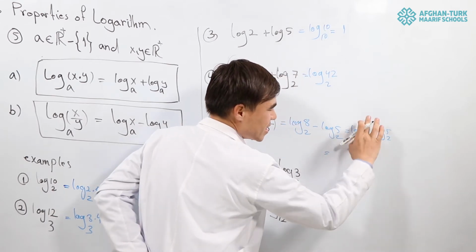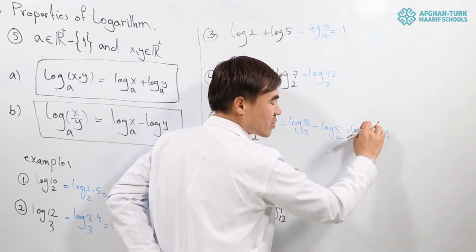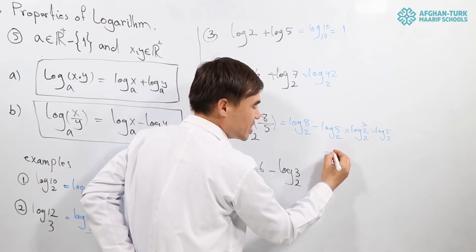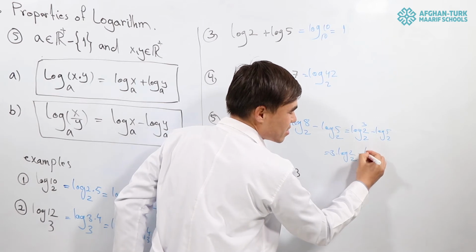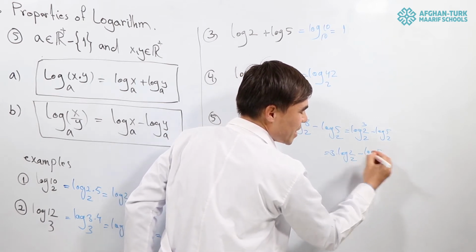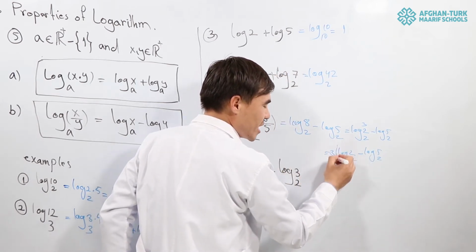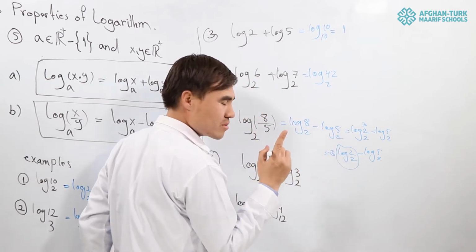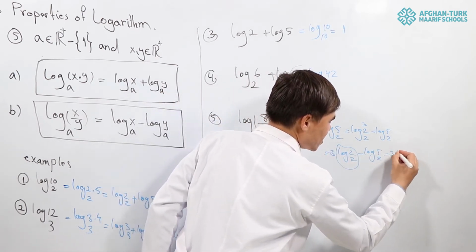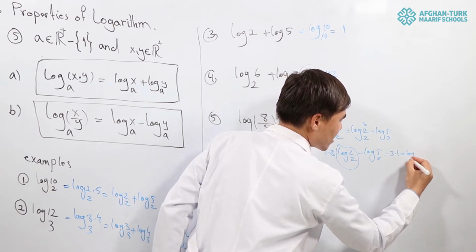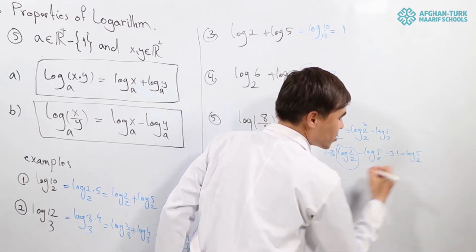Log of 2 to the power of 3 to the base 2 is written as 3 times log of 2 to base 2 minus log of 5 to the base 2. As we know, log of 2 to base 2 gives us number 1. For this reason, we can write 3 times 1 minus log of 5 to the base 2.